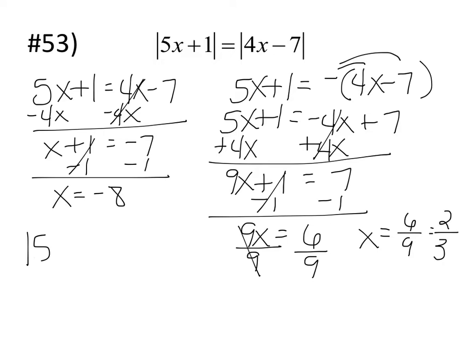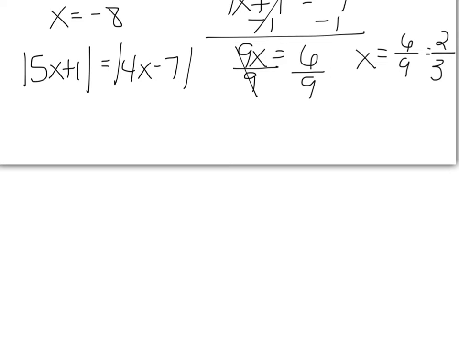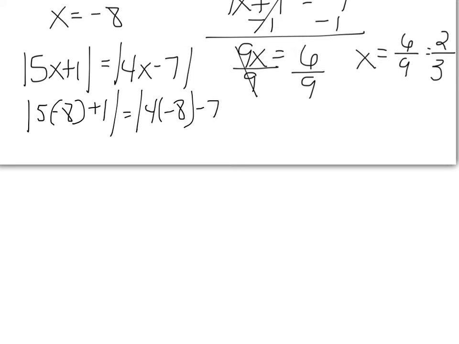So we're going to plug back in to the original, and the original is that right there. So let's start plugging back in. Alright, so I've got the absolute value of 5 times negative 8 plus 1 is equal to the absolute value of 4 times negative 8 minus 7.